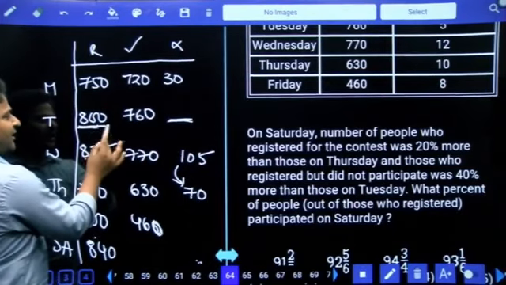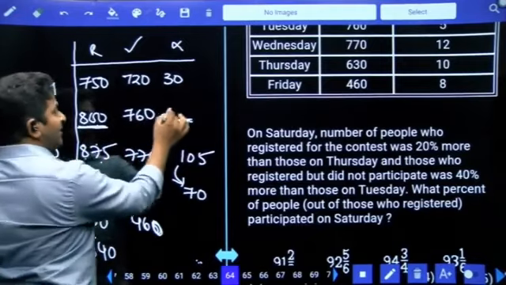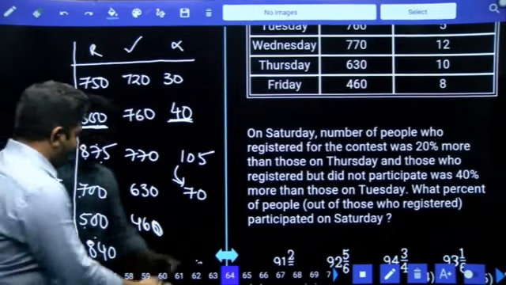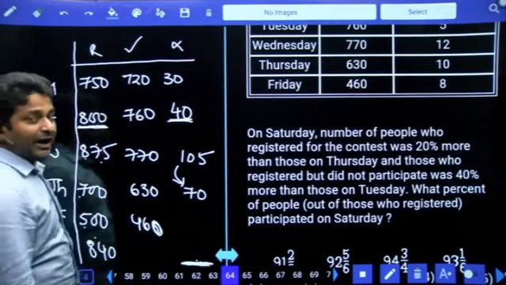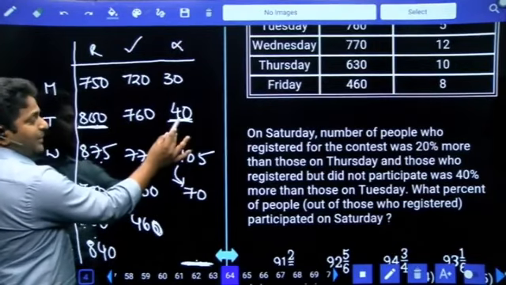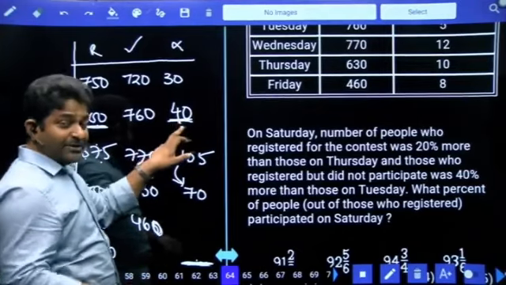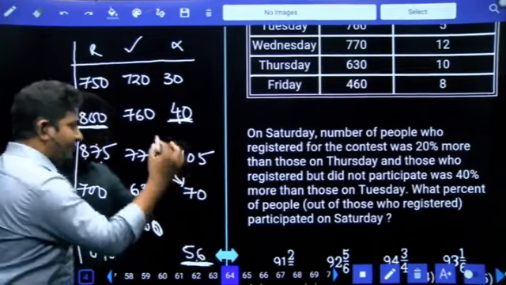Tuesday, out of 800 registrations, 760 have attended, then those who have not attended is 40. Now, on Saturday, not attended people are 40% more than those on Tuesday. Out of 40, 40% is 16. 16 more in the sense this value should become 56.